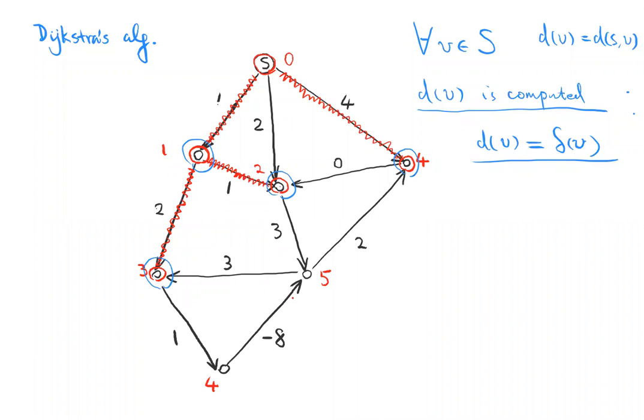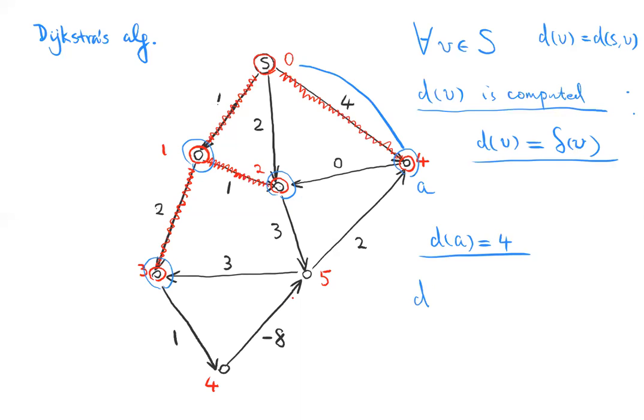However, let me mark this vertex as A. If you look at this picture, dA equals 4, and this is the shortest path from s to vertex A. But if you look further, you will see that the actual distance d(s,A) is not 4.